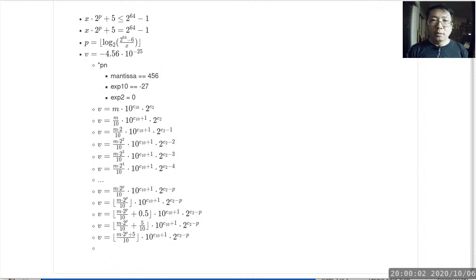Let me think about this. M times 2 to the power of p: we basically keep adding m to m a whole bunch of times until it is right about to run out of digits in the 64-bit number.